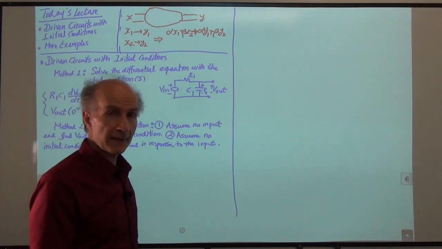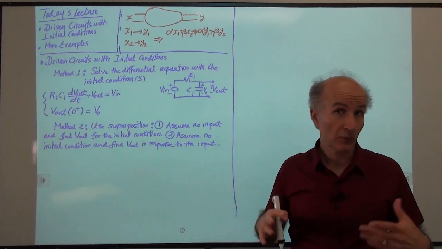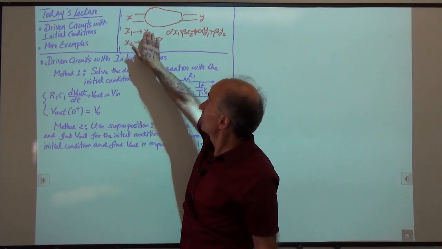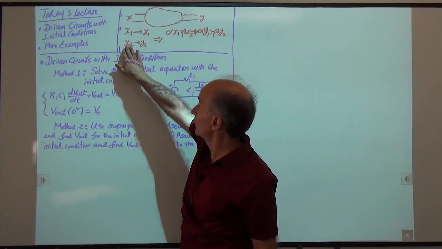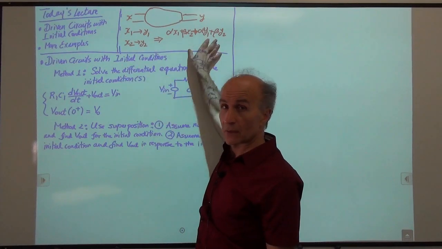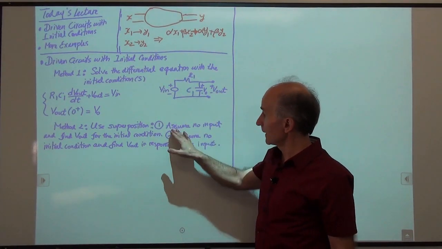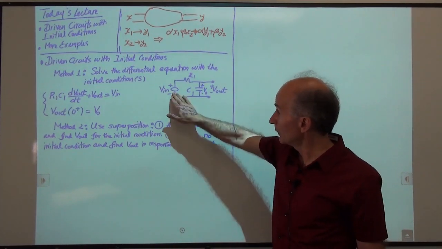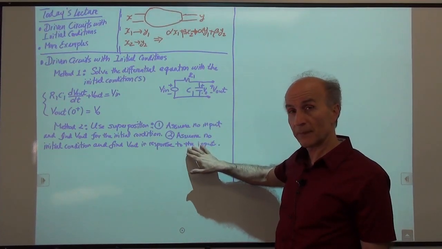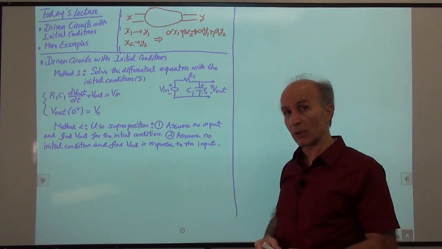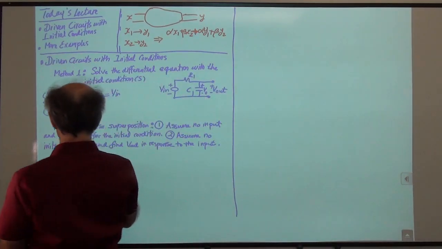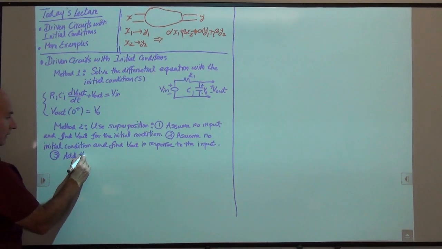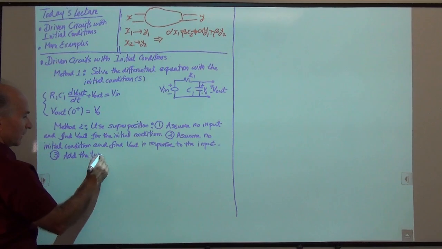In a sense, I think of the initial condition as sort of an input. Just the way here one type of input gave us one output, and another type of input gave us another output, and we could combine these to get the final answer. Here the initial condition gives us an output. We remember that. The input without the initial condition gives us an output. We just add these two outputs to obtain the overall output. So in step number 3, add the two responses.